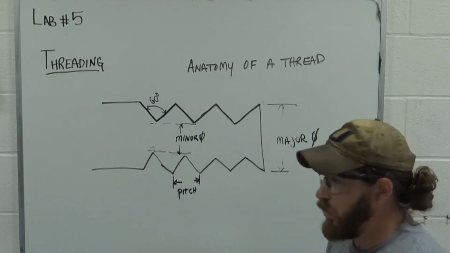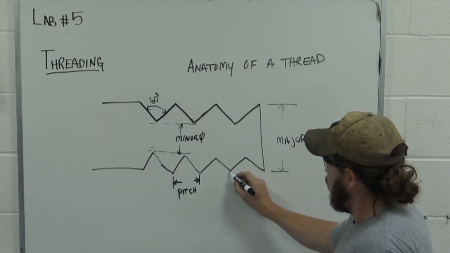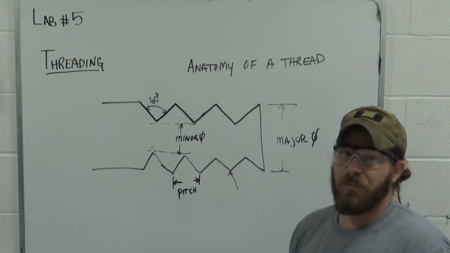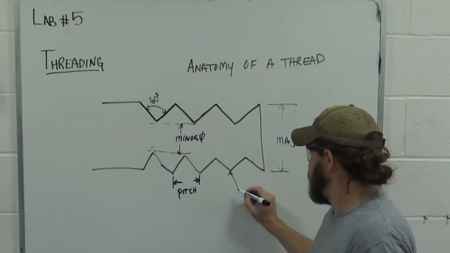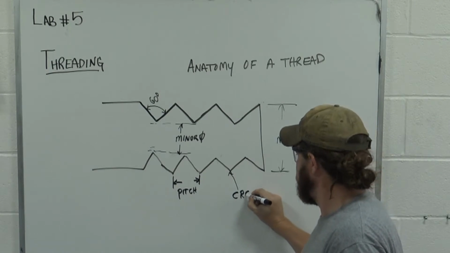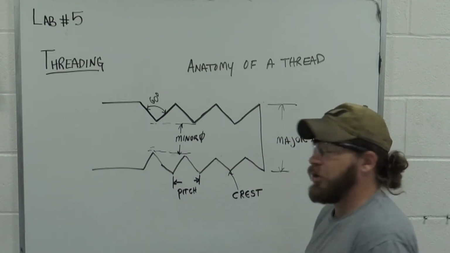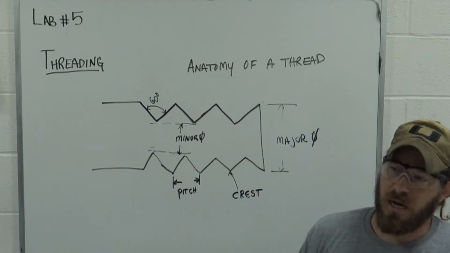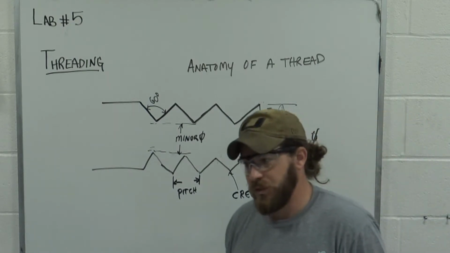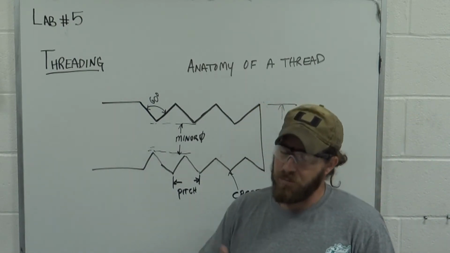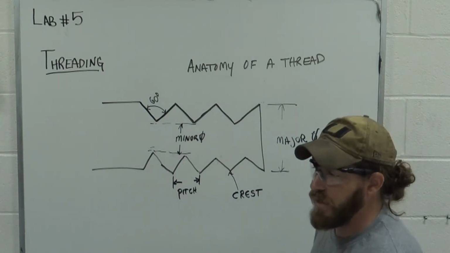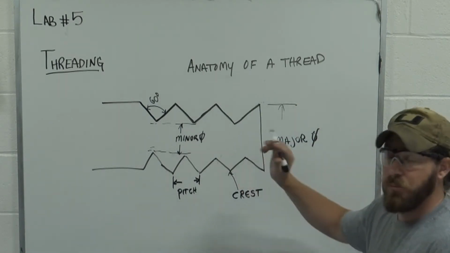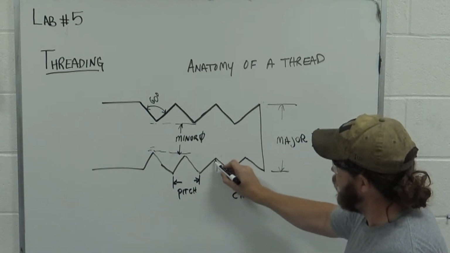The other important thing is the very top of the thread. That is called a crest. The crest of the thread. It's not that important that you know what that's called, but I use that term throughout the semester. So if you hear that, that's what I'm referring to.